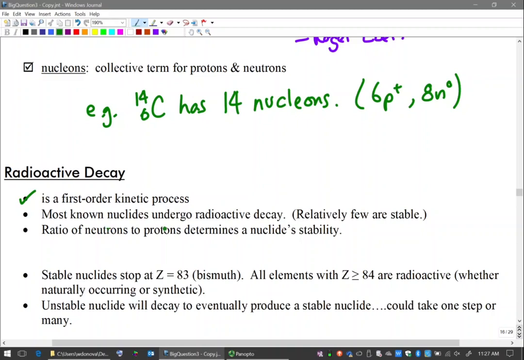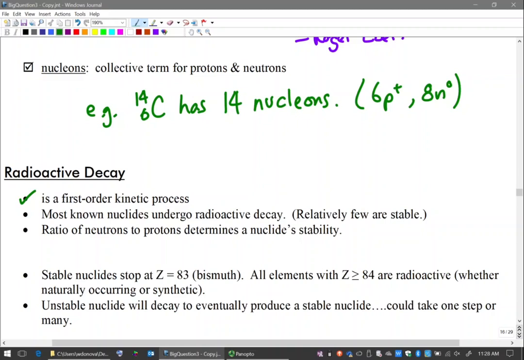Most nuclides undergo radioactive decay. If you're reading along in the chapter, which is a good thing to do, you'll see there's a table that shows all the nuclides in a graphical form with the number of protons and the number of neutrons on a chart. And most of the dots represent radioactive nuclides. They undergo some kind of radioactive decay. Relatively few nuclides are stable. Most are radioactive, which is fine.